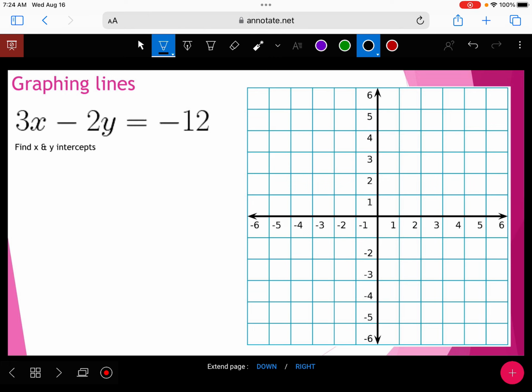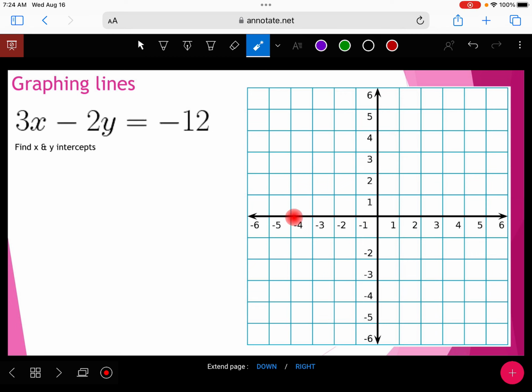So this is our second one. And what we're going to do is graph with our x and y intercepts. Remember, that's when it crosses our axes.